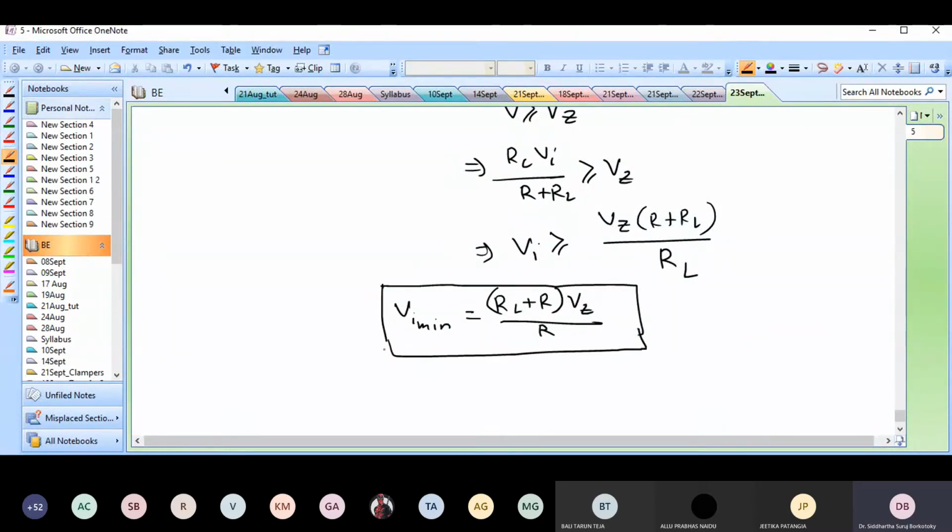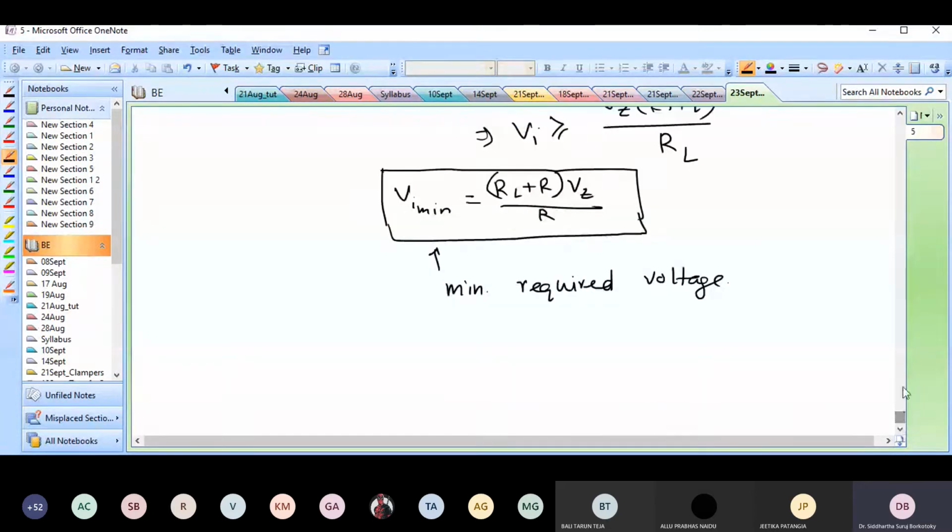So I'll have to tell anyone using this voltage regulator to use a supply voltage at least equal to VI min. And what is the maximum allowed VI? This is the minimum requirement, but what is the maximum allowed?